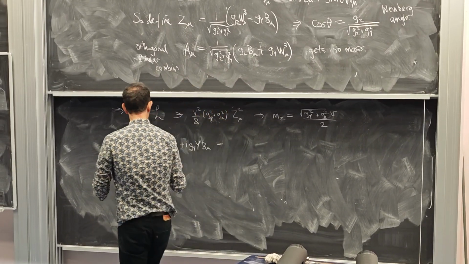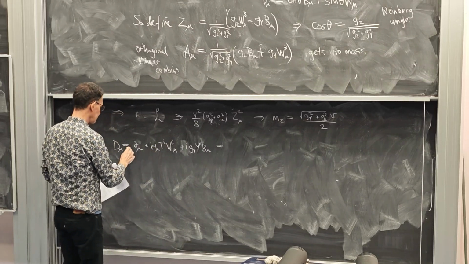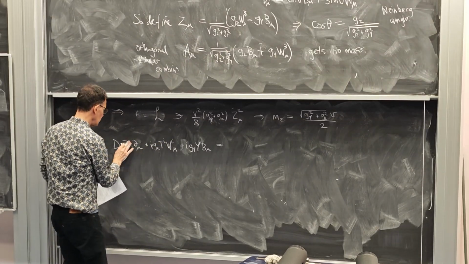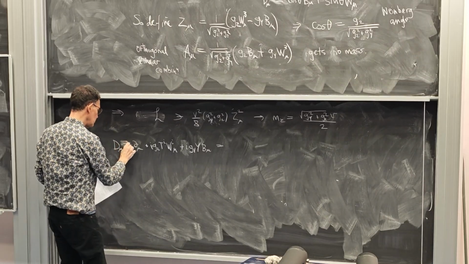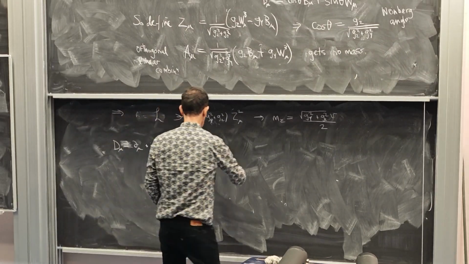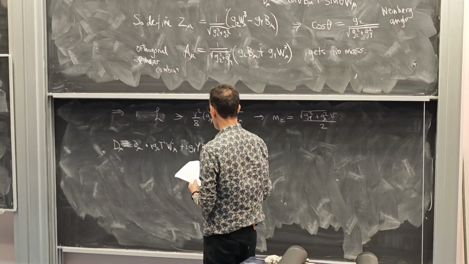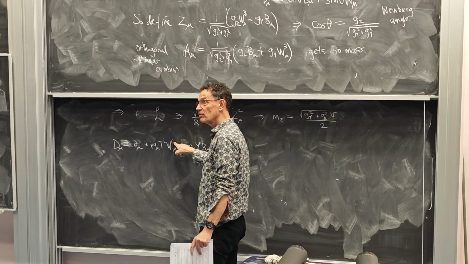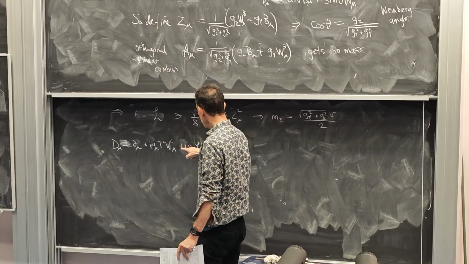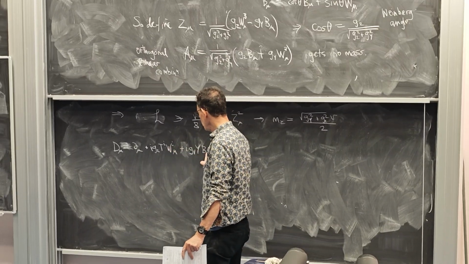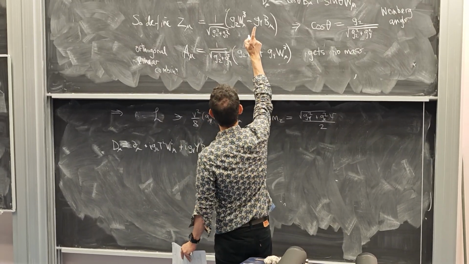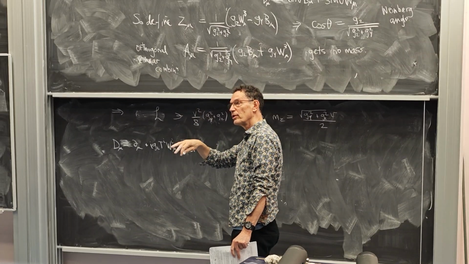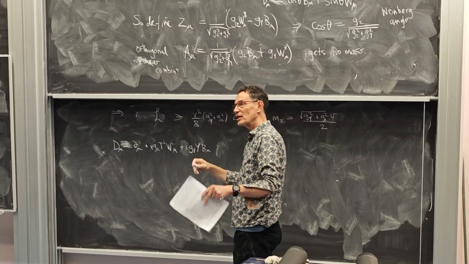So what's this equal to? Well, let's focus on the T3 part of it. Yeah, let's say it's equal to this. We know that W1 and W2 became massive. We know that some linear combination of W3 and B became massive. Let's set the massive fields to 0, because they cost energy.